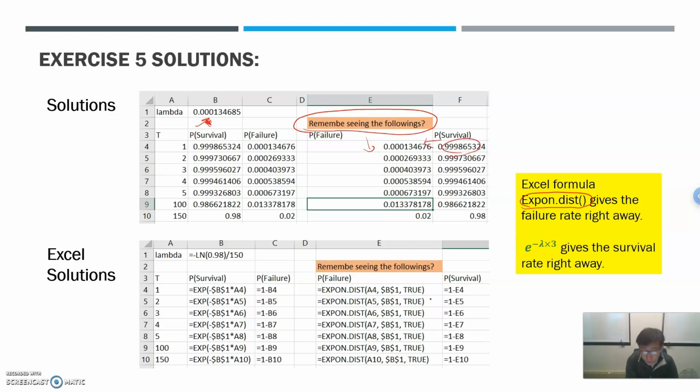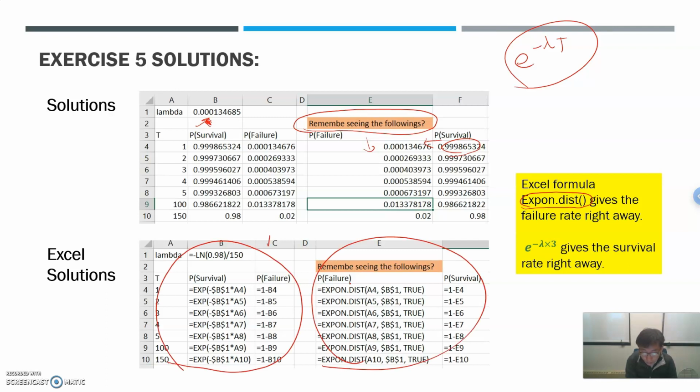But when you use the formula with T, this gives you the survival rate right away without going through this middle step. Therefore, you will be seeing exactly the same result, even though you are using a different approach.